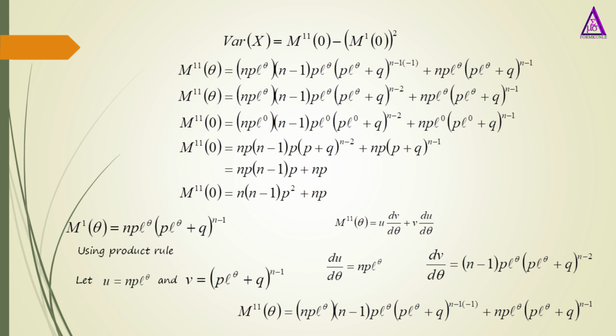That is, we differentiate u and we differentiate our v also, and the result gives us the bracket n minus 1, close the bracket, p exponential raised to power theta, open the bracket p exponential raised to power theta plus q, close bracket, all raised to power n minus 2. So this is the result of when we differentiate the moment generating function of the binomial twice.